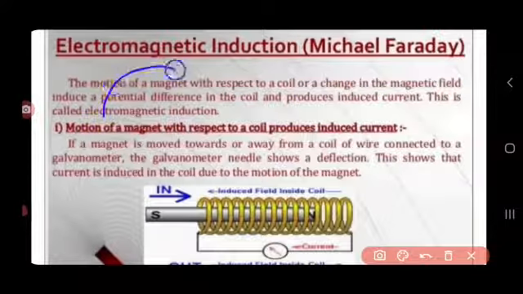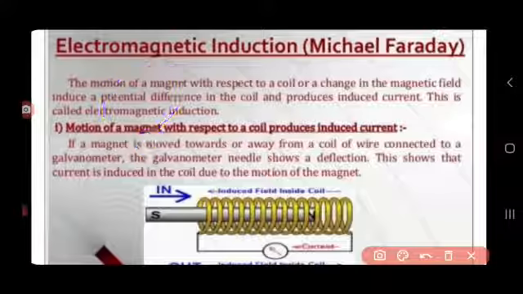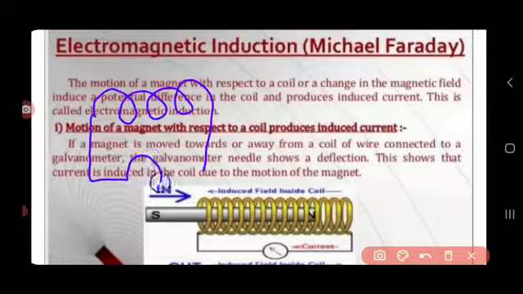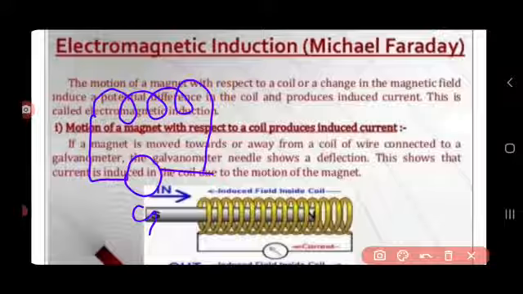In the first case, both the coil and bar magnet are kept at rest. So when both of them are at rest, the number of magnetic lines of force passing through the coil is not changed.